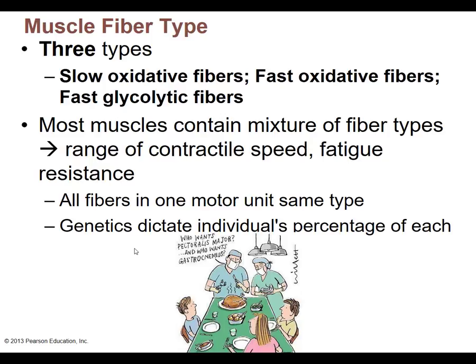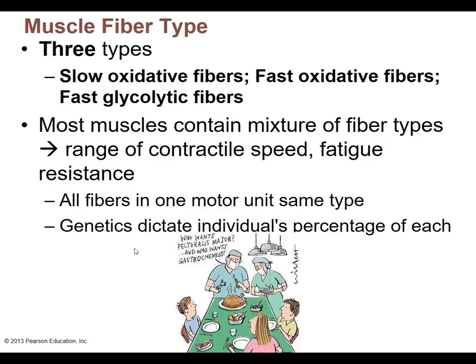Having lots of myoglobin makes these muscles have a nice red appearance. And because they need lots of oxygen for their process, they also have a lot of blood supply. So lots of blood, lots of myoglobin making it appear red, lots of mitochondria, contract slow, but it can also go for long periods of time.